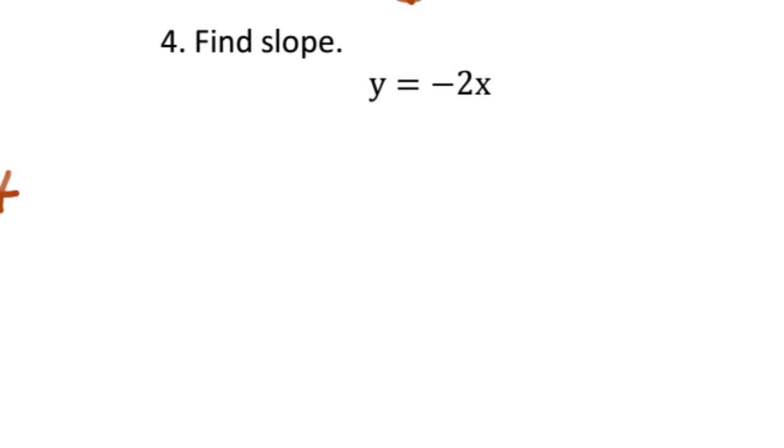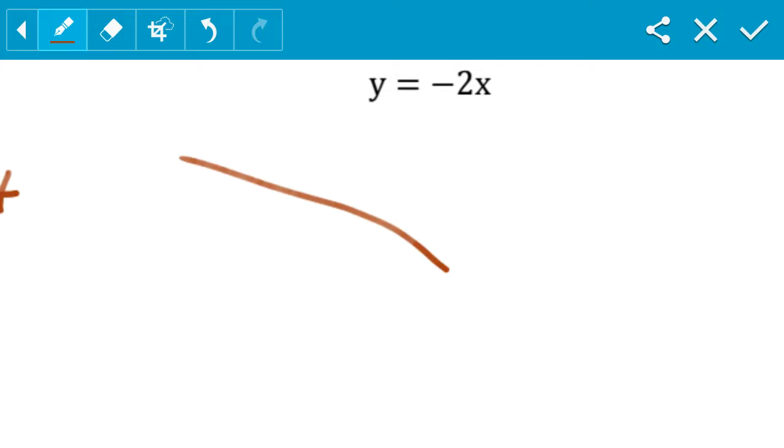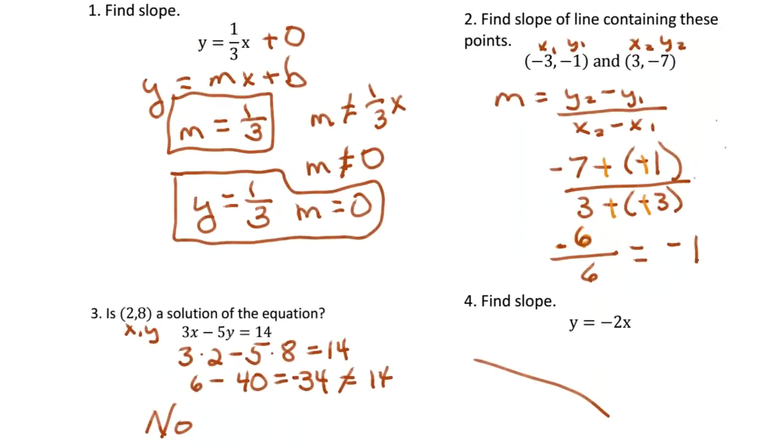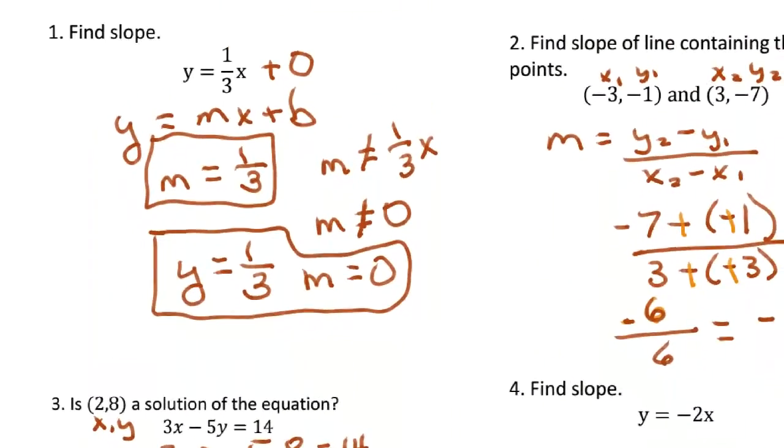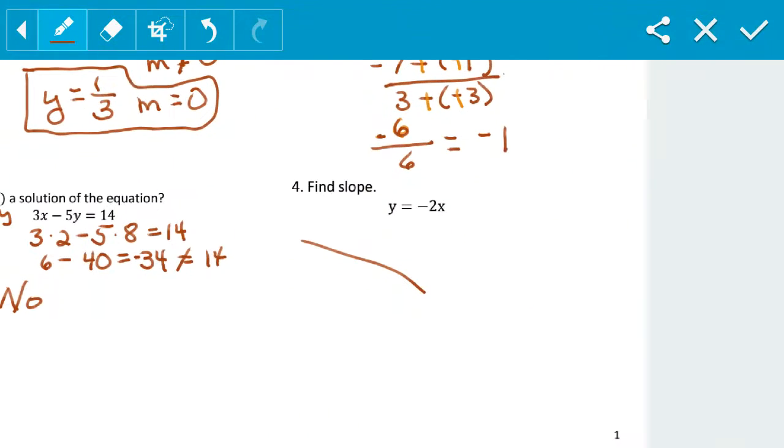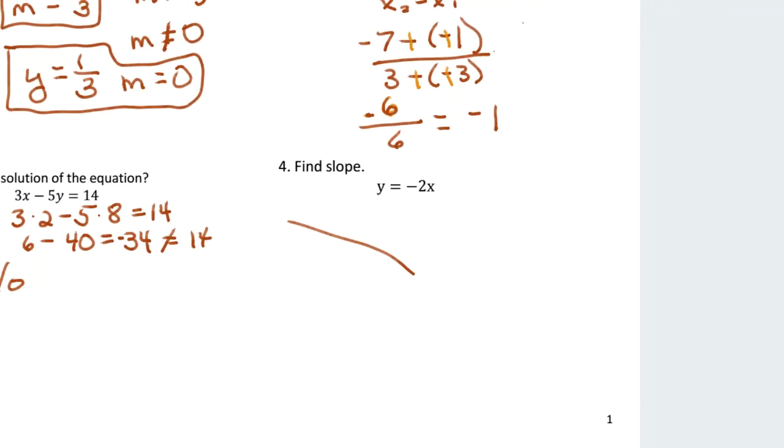Find the slope. This problem is just like number 1. We have y equals -2x.